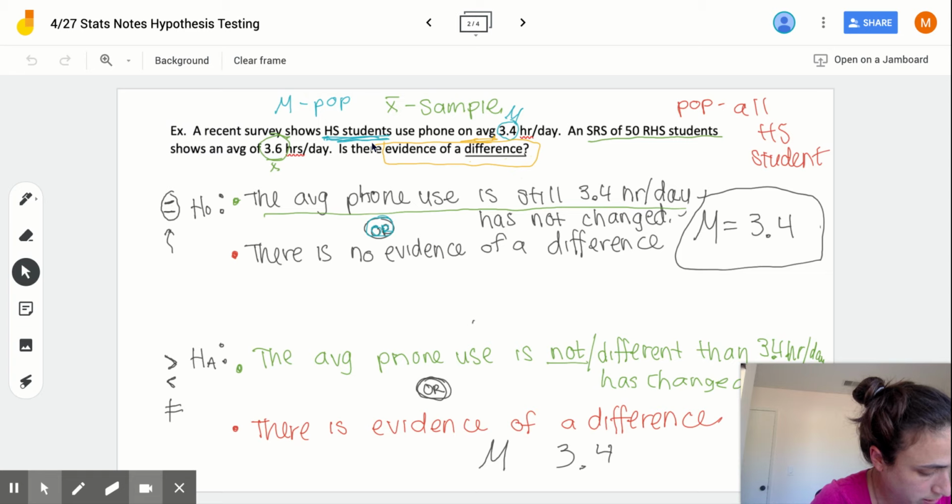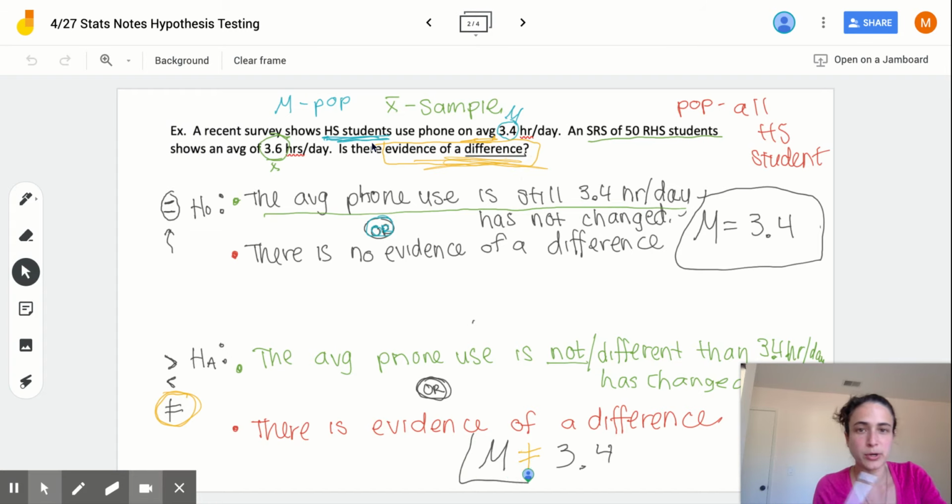So out of these three symbols, because it said, is there evidence of a difference, not an increase, not a decrease, but a difference, you should be using the not equal to symbol. That'll go right here. And this is how you write your hypotheses in symbols, okay?